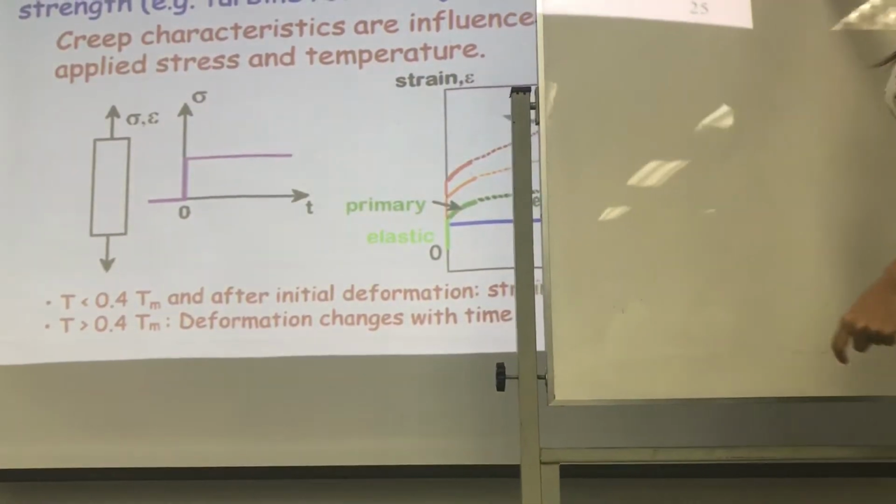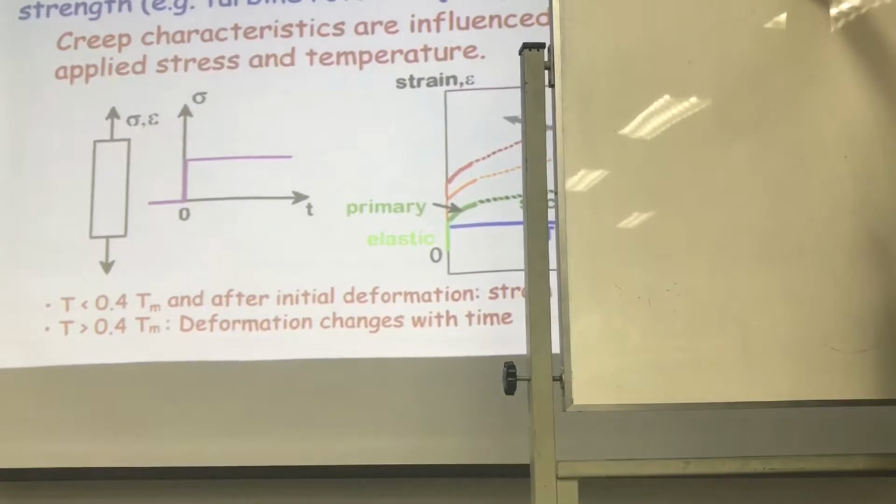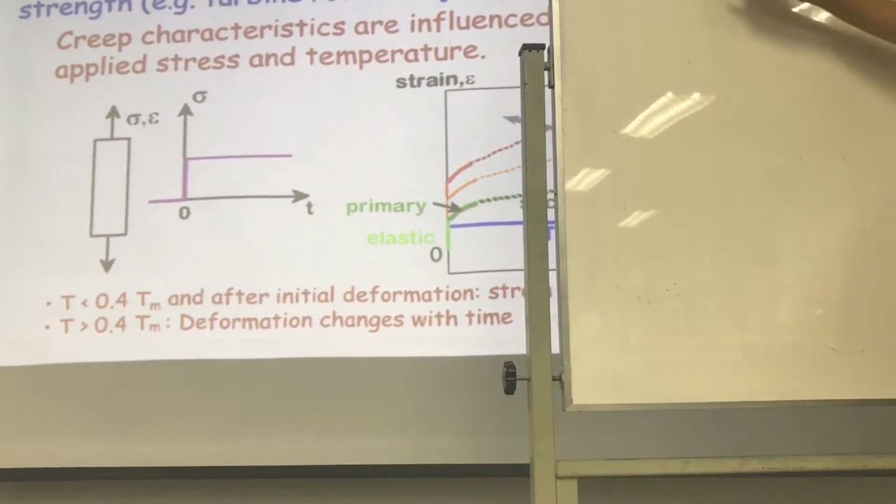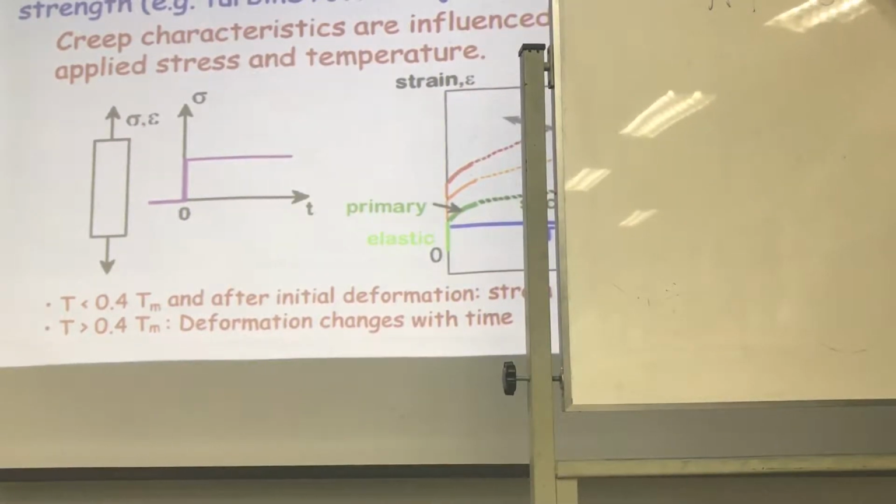Creep occurs at temperature higher than 0.4 of the melting temperature. Aluminium, for example, has a melting temperature around 600 degrees Celsius.